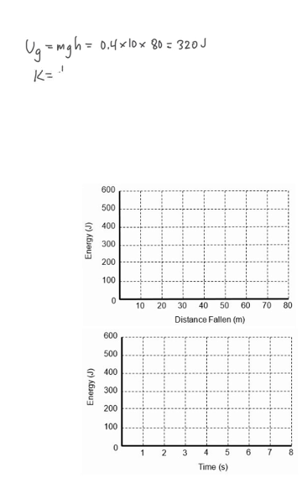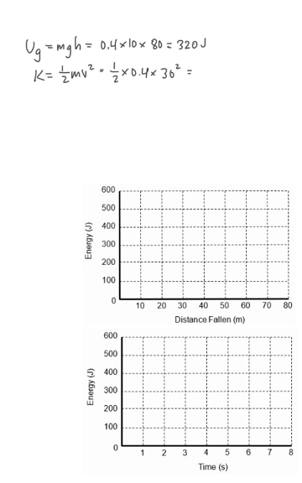Then kinetic energy is 1/2 mv squared. So that'll be 1/2 times 0.4 times the initial velocity when it's first launched, which is 30 squared. Remember, the energy is a scalar, so we don't have to worry about directions. We just take the total amounts.